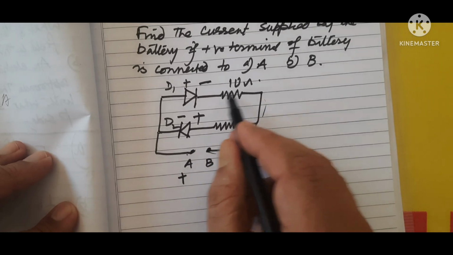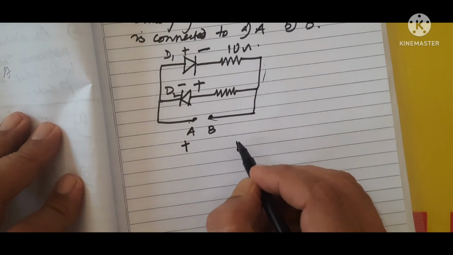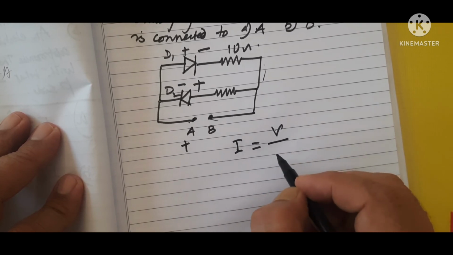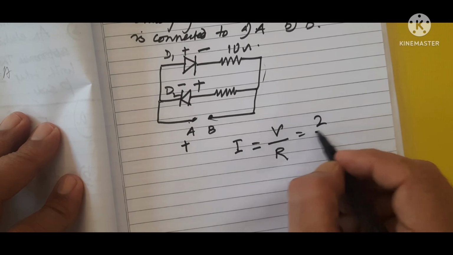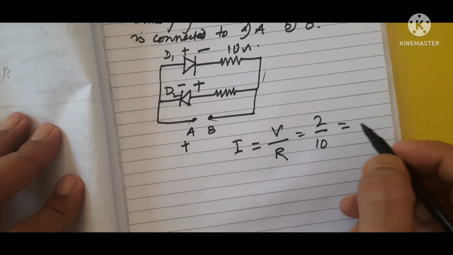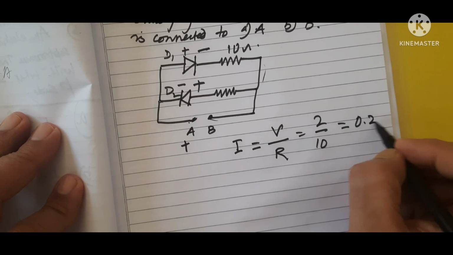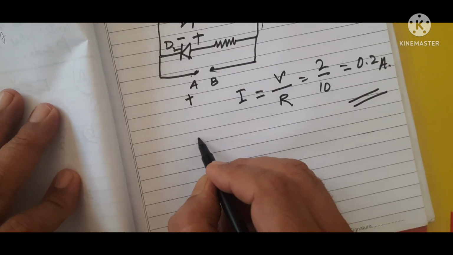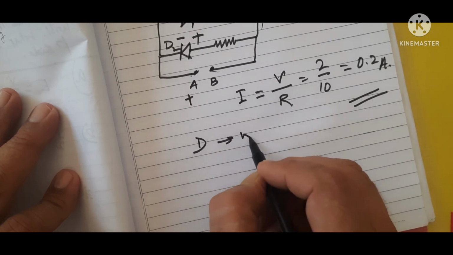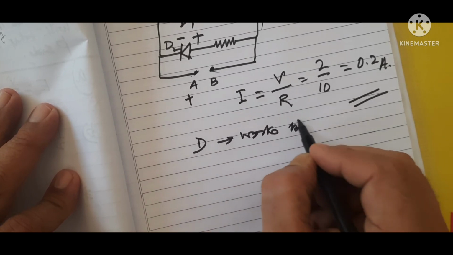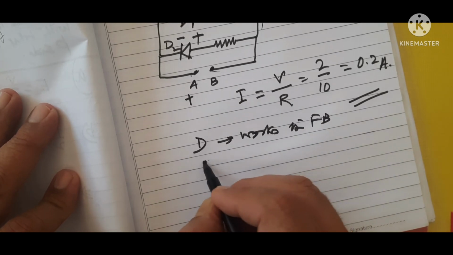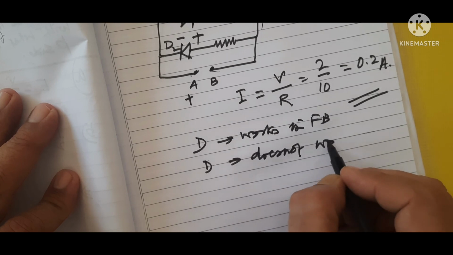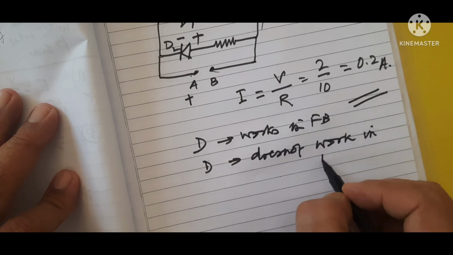R is 10, V is your 2 volt and 10 ohm is the resistor. So 0.2 ampere is your answer. That much amount of current is going to flow. So you remember diode works in forward bias, that is switch on, and diode does not work in reverse bias, that is switch off, because of the resistance.